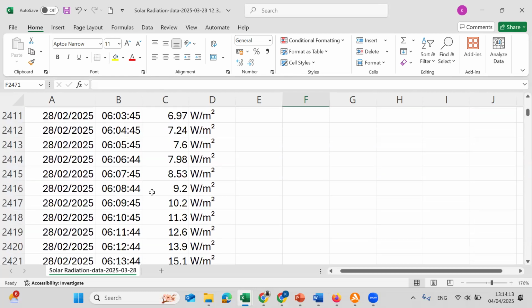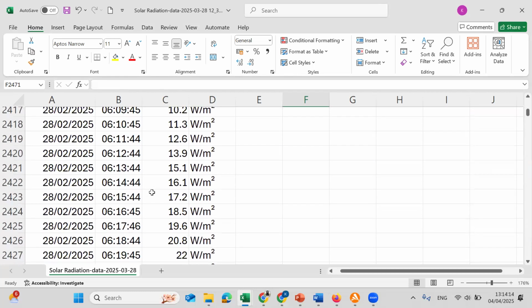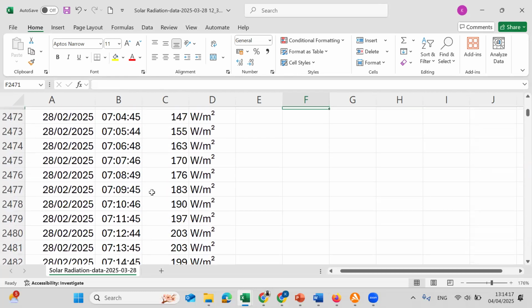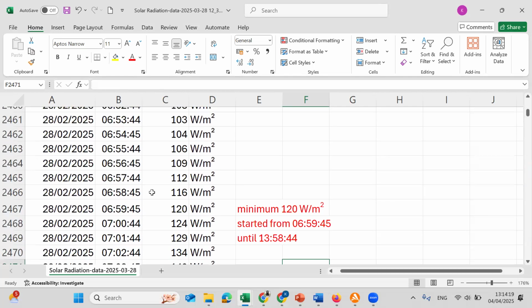According to WMO, the World Meteorological Organization, to determine the sunshine duration, it should start with an intensity of minimum 120 watts per square meter.